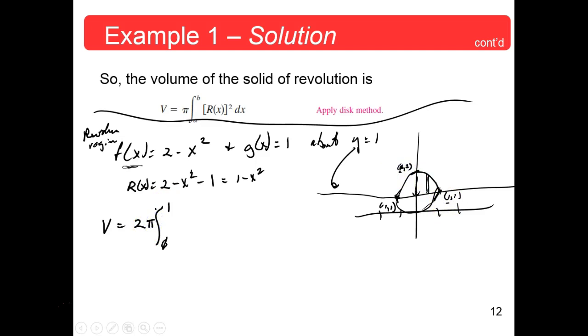Okay, 2 times pi times 1 minus x squared, squared. We've got to square that radius, remember? And then we have our dx. I said we've got to square it, but all I did was put parentheses around it. So this is 2 pi times the integral from 0 to 1. Let's square that. And what do we get?